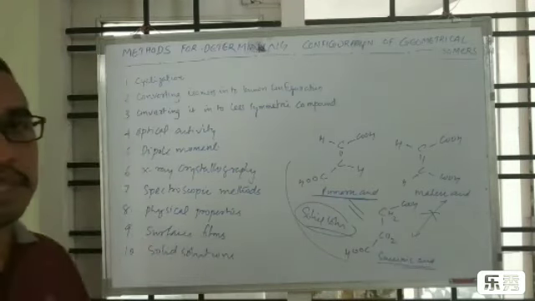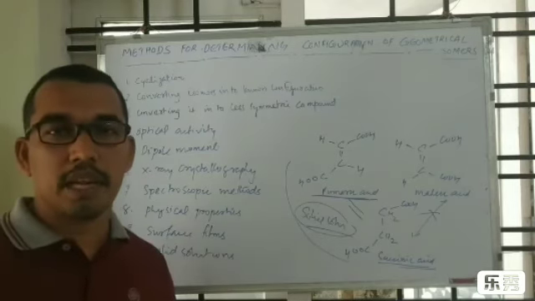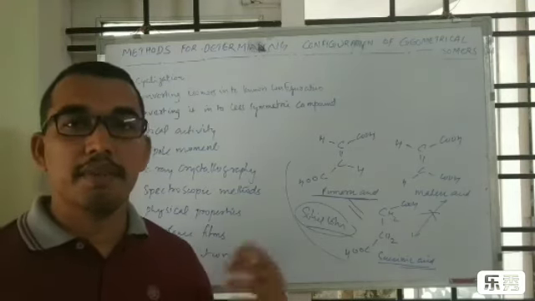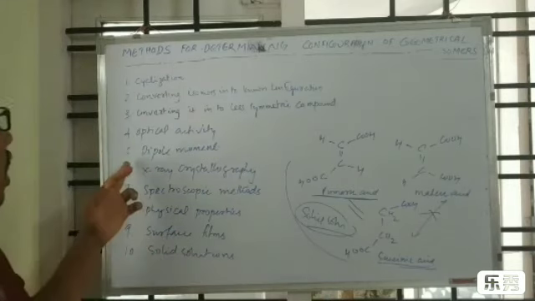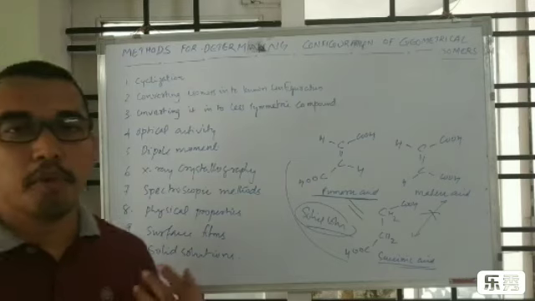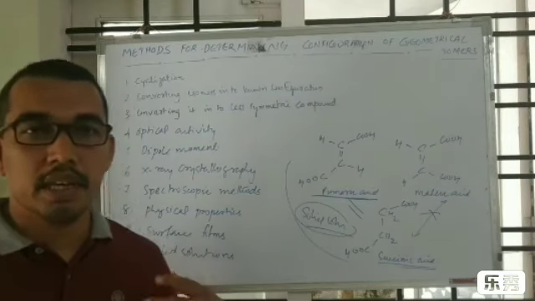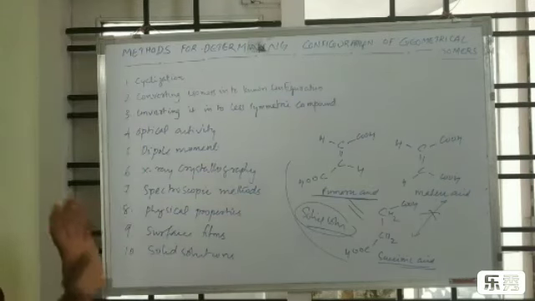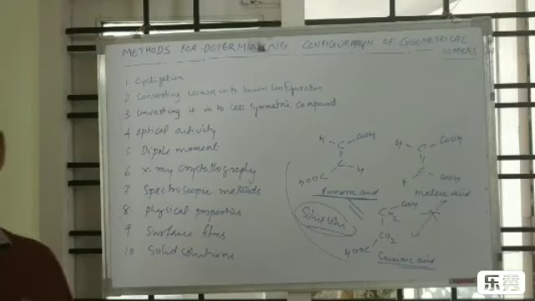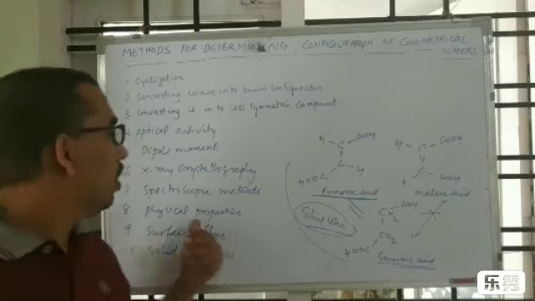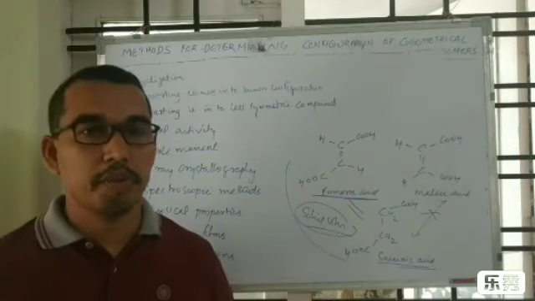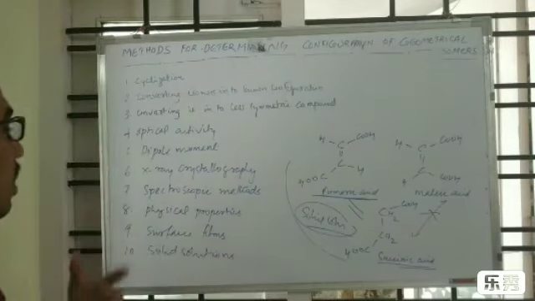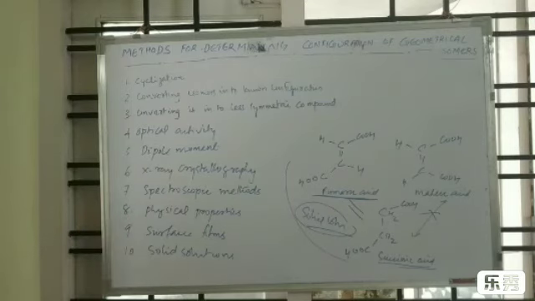Then optical activity. Some of the isomers will possess optical activity, and with that we can determine the configuration of geometrical isomers. And dipole moment: generally dipole moment will be higher for cis isomer than trans isomer. Then X-ray crystallography. X-ray crystallography is a method to determine the configuration of geometrical isomers. We have determined the configuration of fumaric acid as trans by this method. And then spectroscopic methods.